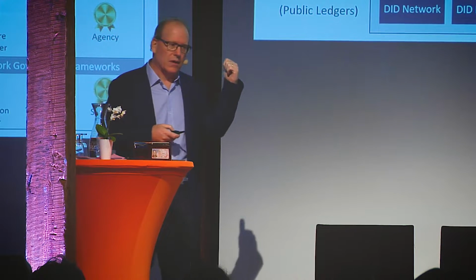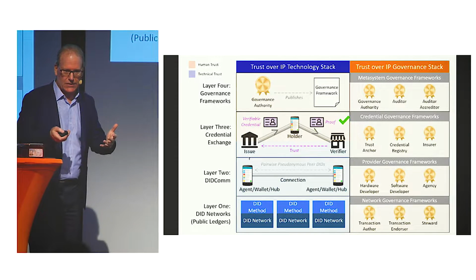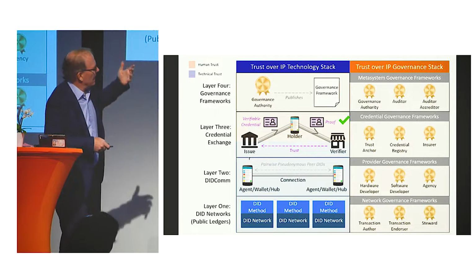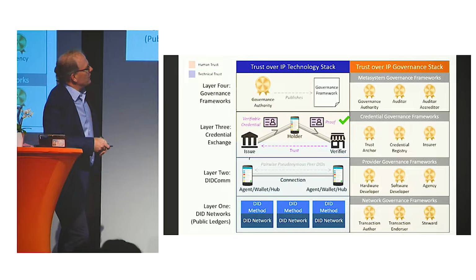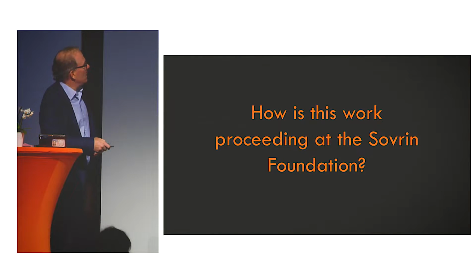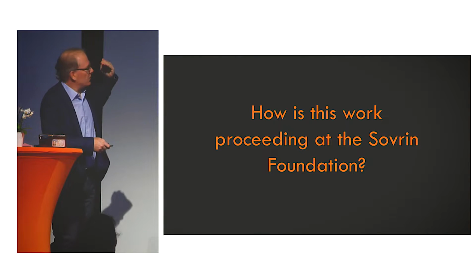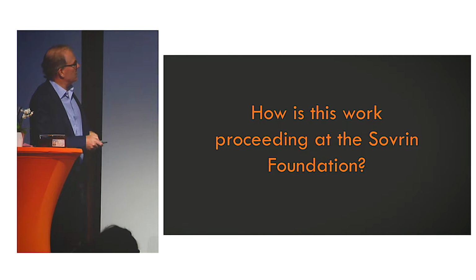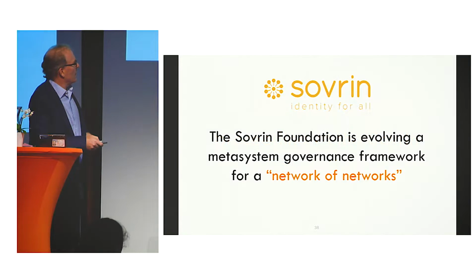So this is the complete picture of the trust over IP stack. This is now being turned into a Hyperledger Aries RFC so that we can just talk uniformly about it and talk about the standards that are needed at every level. And I'll wrap up just by explaining, so what is going on at the Sovereign Foundation? I'm one of the trustees there, and I chair the governance framework working group.